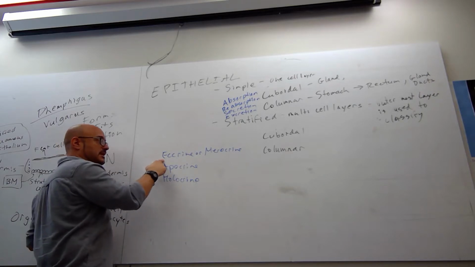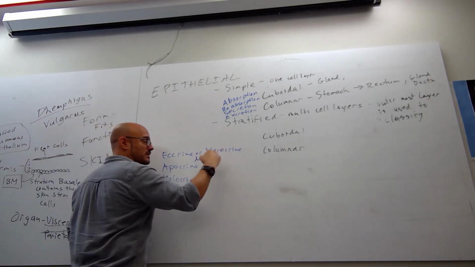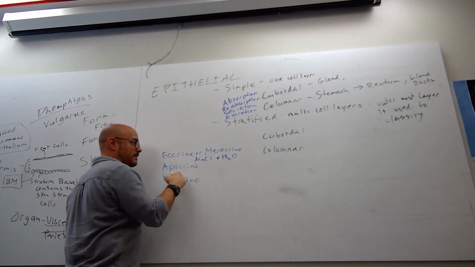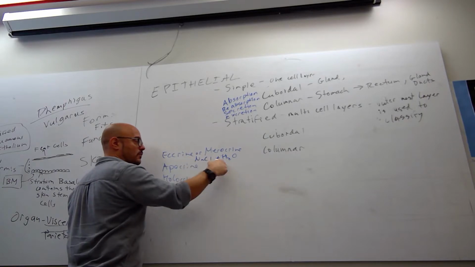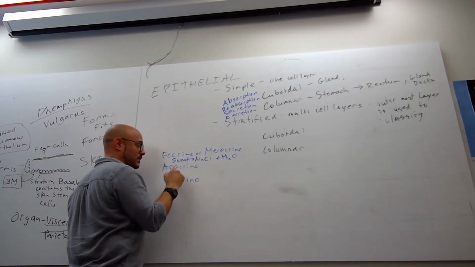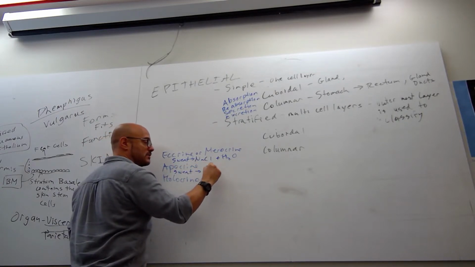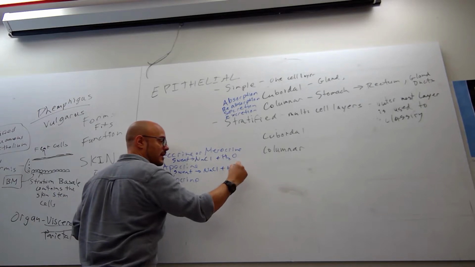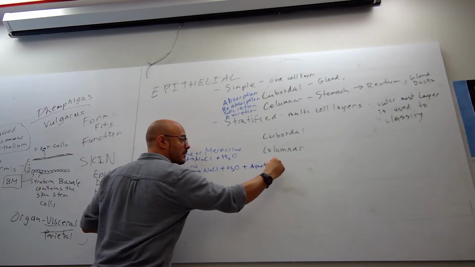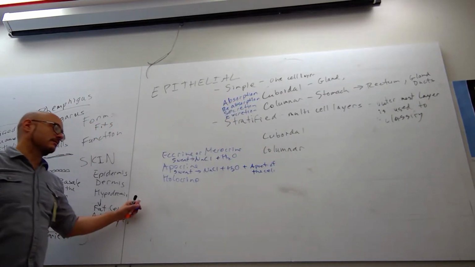Eccrine sweat glands, all they secrete is salt and water. That's eccrine or merocrine: salt and water. Apocrine secretes in sweat salt, sodium chloride, water, and a part of the cuboidal cells that made up the gland.